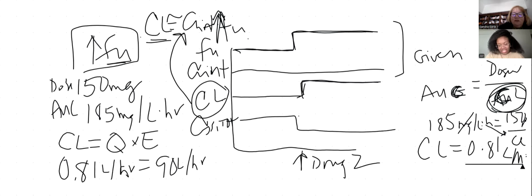So clearance went up, CSS total went down. Now, the last thing it asks you about is CSS free. What's the difference between total and free?